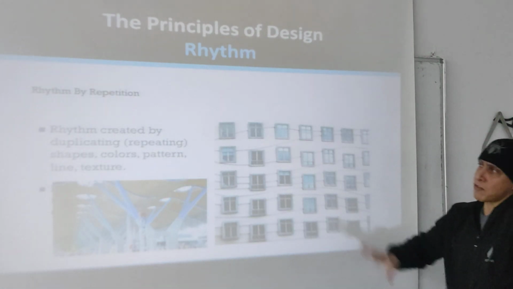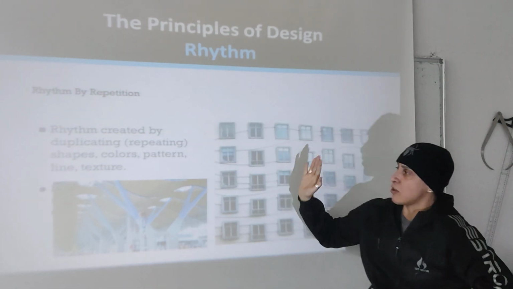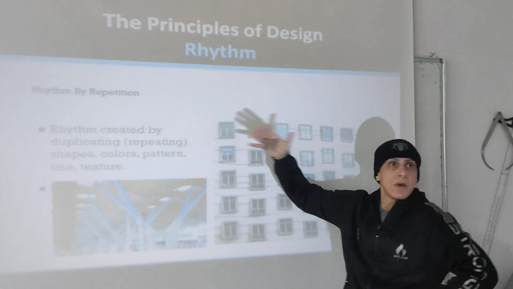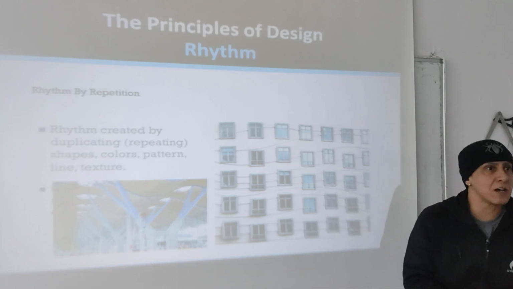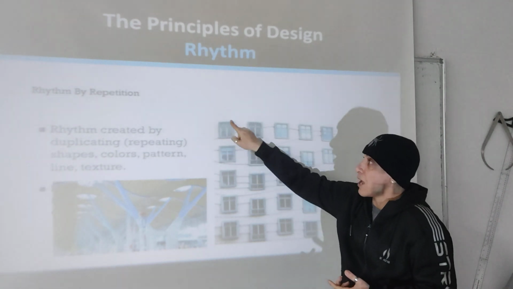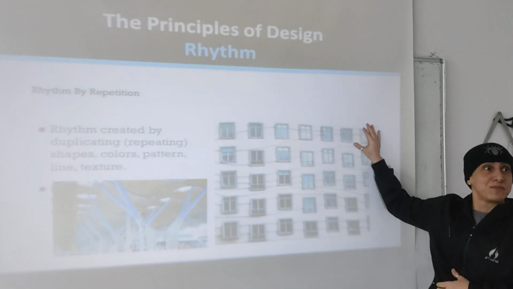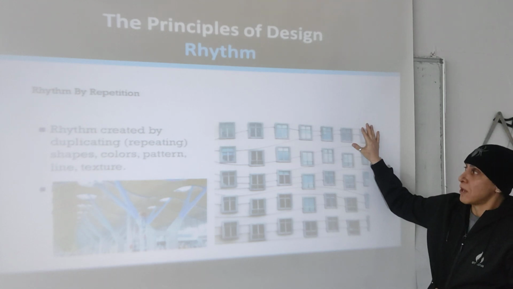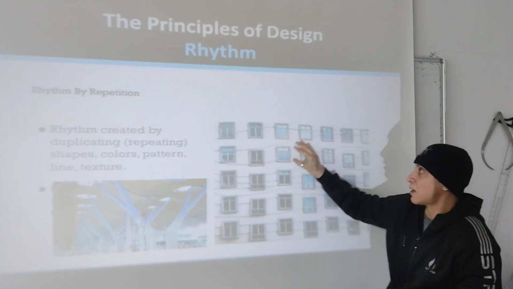Now this is the first one. We just have a repetition, rhythm by repetition. It could be a shape, it could be lines, it could be color, something that is being repeated. Okay, so here we have these shapes, and they are being what? Repeated. The same shape. Here we have the location difference. One is up, one down, one up, one down.